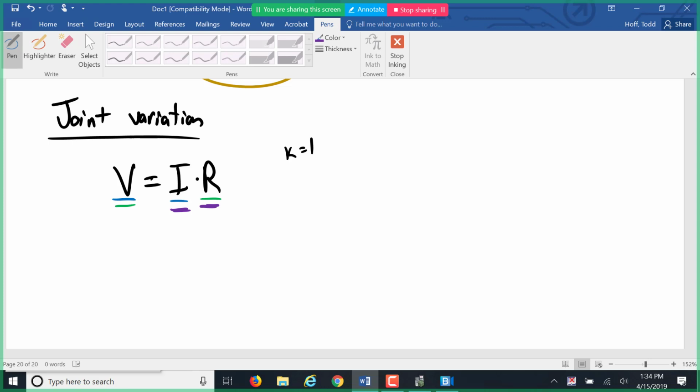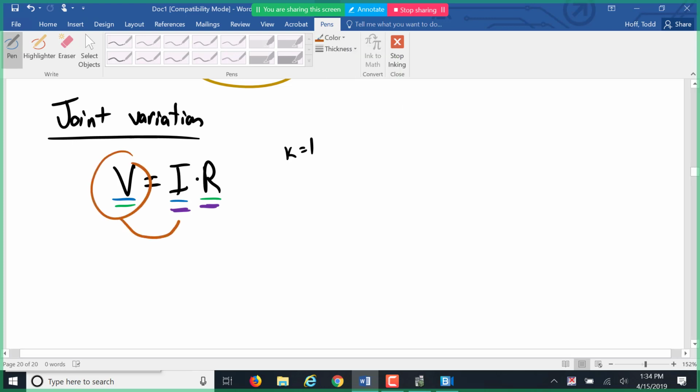So joint variation, one variable, in this case the voltage, is directly related to two other variables, but those two other variables must then be inversely related to each other.